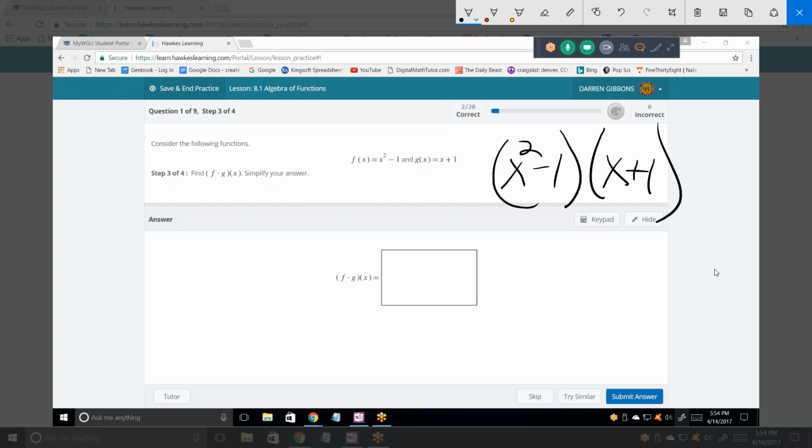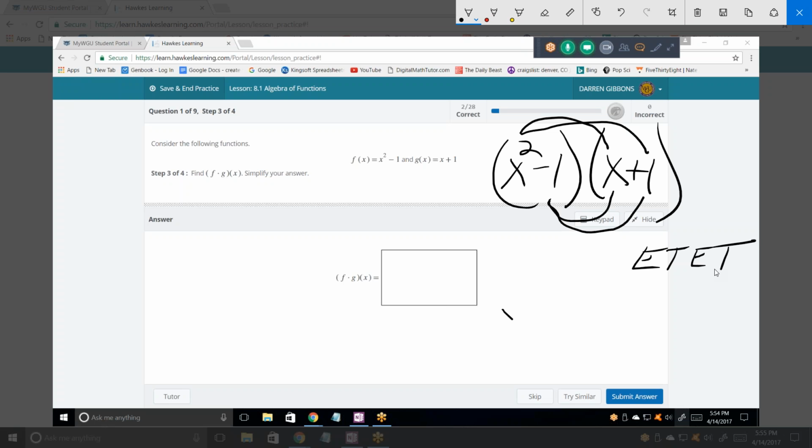So the way I'm going to multiply these two things together is that times that, plus that times that, plus that times that, plus that times that. I call it ET, meaning every term by every term. Okay, well, what would I get?